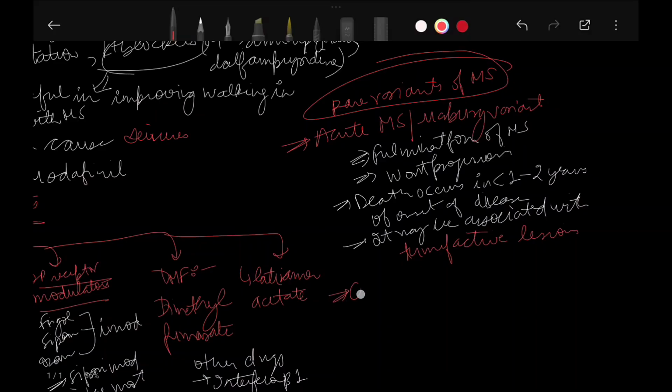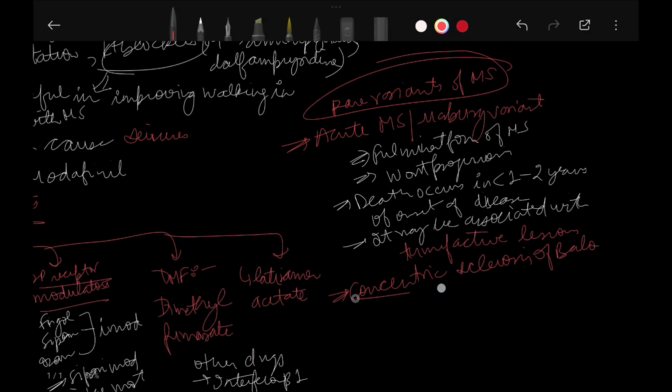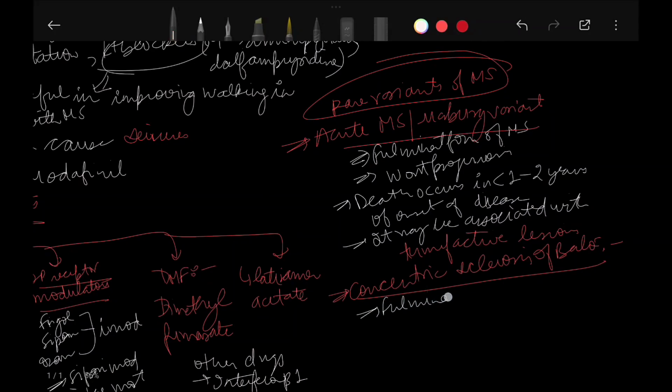After this, there is concentric sclerosis of Balo. In this, again a fulminant form of multiple sclerosis, it again has poor prognosis, but not the worst one.